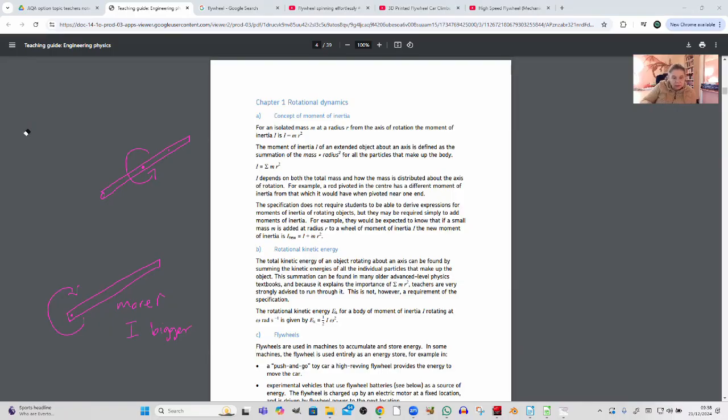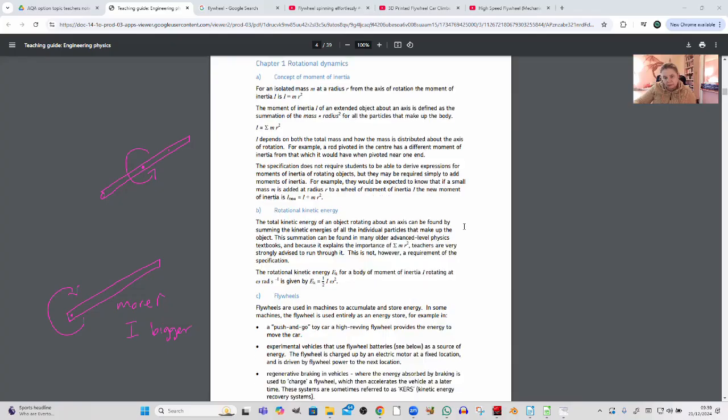If we read what it says next, it says that the specification does not require students to be able to derive expressions for moment of inertia, because that requires differentiation and integration, so you're not expected to be able to do it, not for A-level physics.